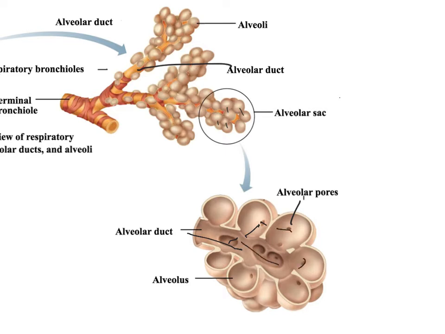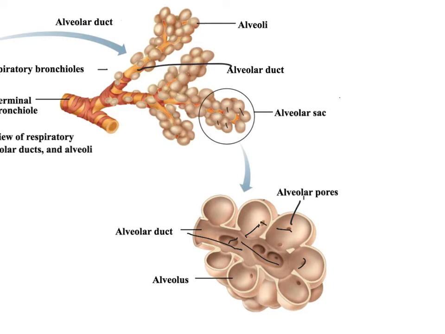Where would blood vessels be in this case? Notice they're not shown. Where would you expect to see capillaries that are going to oxygenate and perform gas exchange? Would they be in the pores? They would not be in the pores. Remember, air never technically crosses cells.